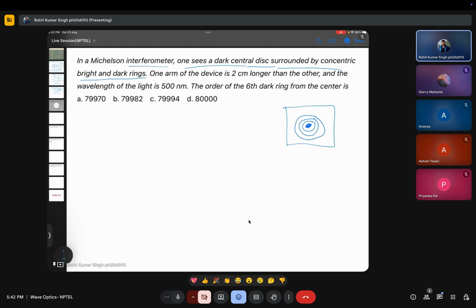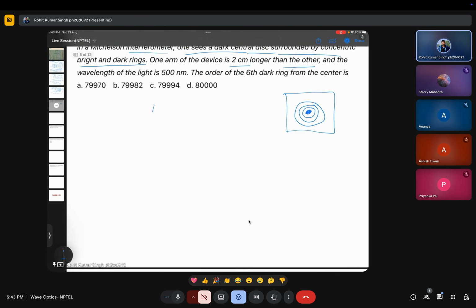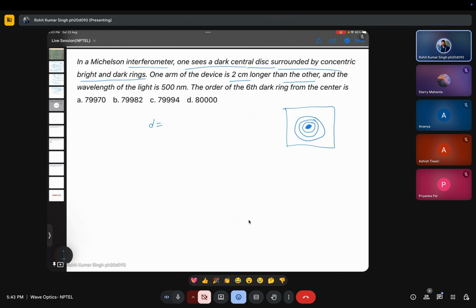Now one arm of the device is 2 centimeter longer than the other, so it is talking about this x1 and x2. It is telling you that the distance d is 2 centimeter, and the wavelength lambda is 500 nanometer. The question is: the order of the 6th dark ring from the center is?